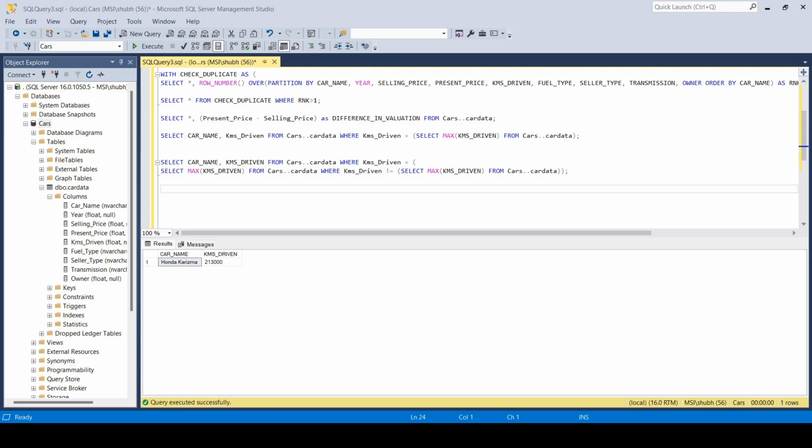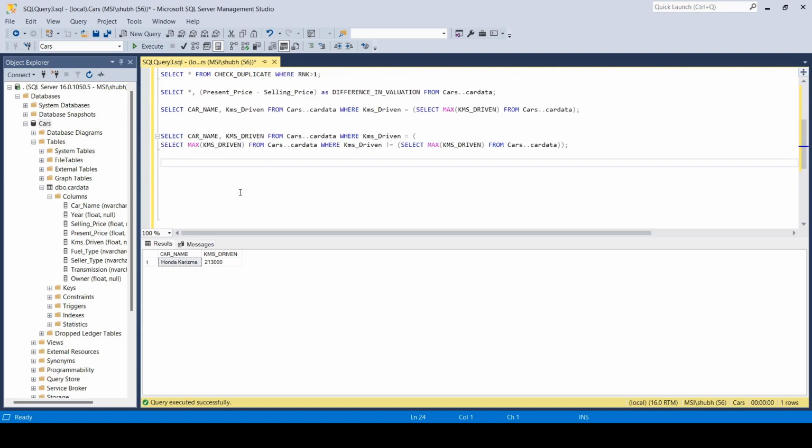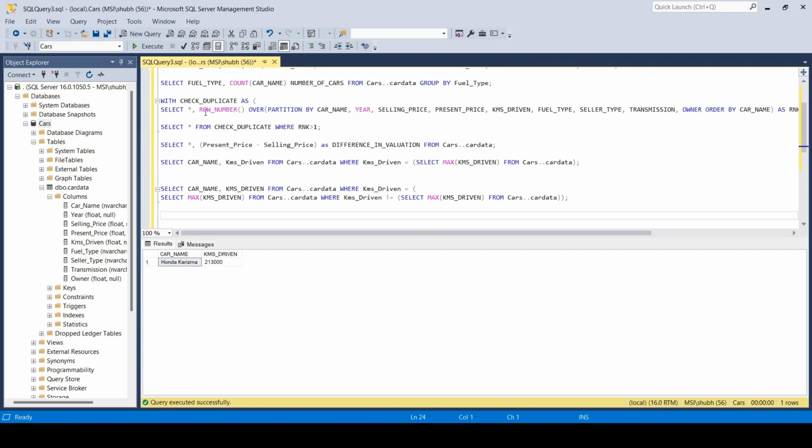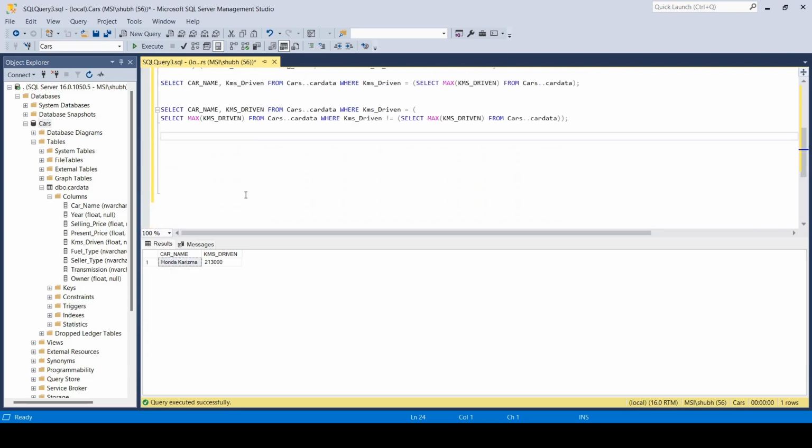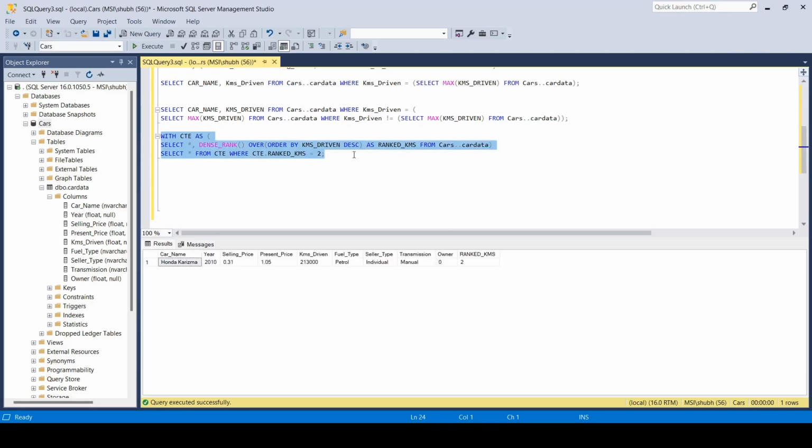And the same thing, we can use a CTE like this, where we use the row number. Here we will use rank, dense rank. Here we have used the dense rank function. Rank function should also work here. And then we have ordered it by kilometers driven, and where rank is 2.